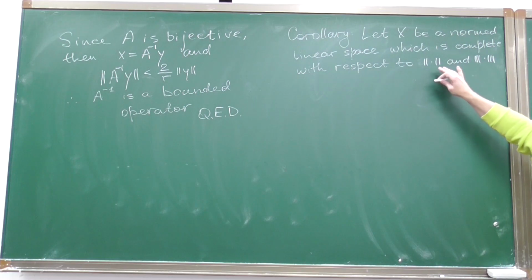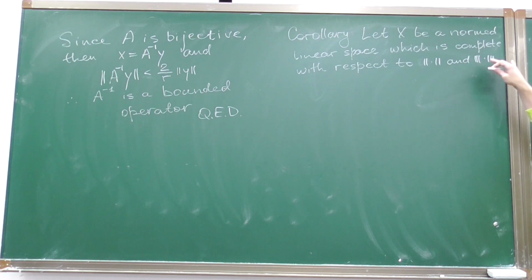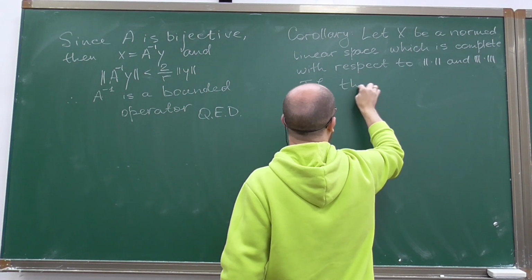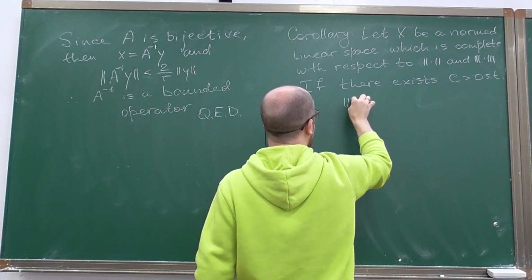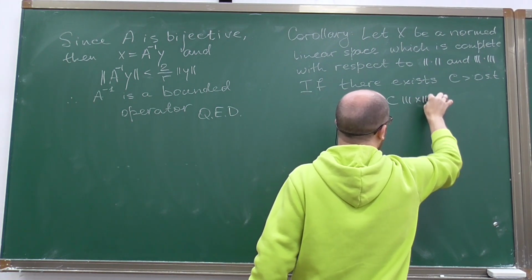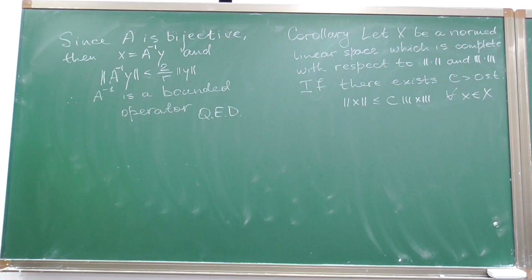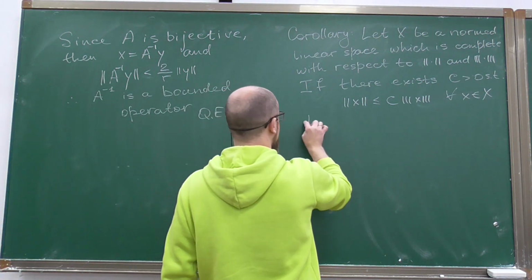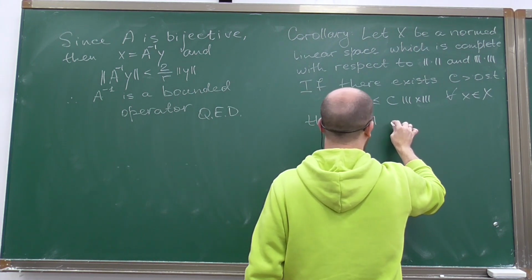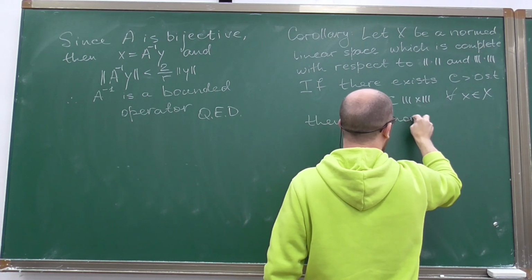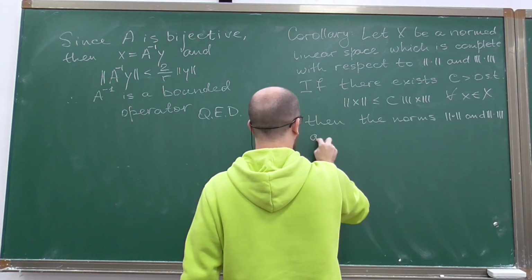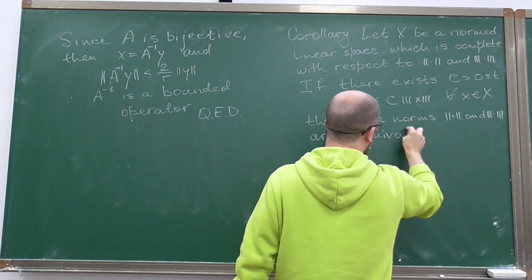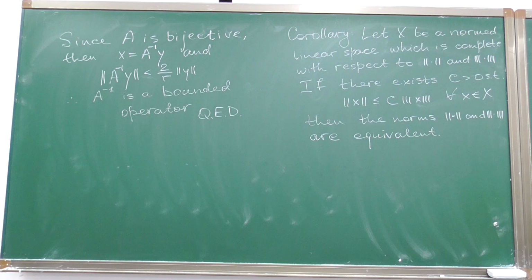Let us suppose that, say, this norm is less than or equal to the other norm up to a constant, for every x from X. And it turns out that this inequality is enough to deduce that the norms are equivalent. That will be an exercise for you to prove.